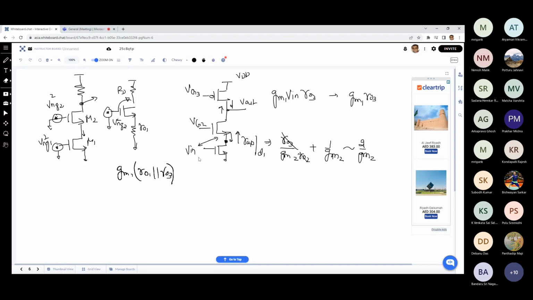That is because in this case the R up is going to be RO3, and the R down at this node would have been just RO1. Both are comparable, so you need to take RO1 parallel RO3 into account.